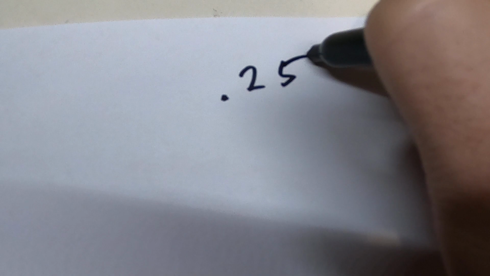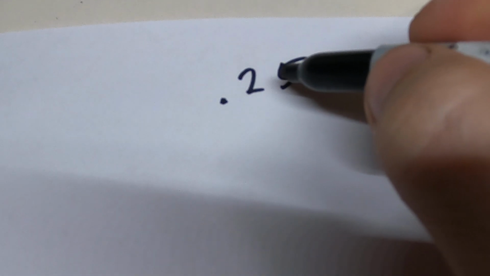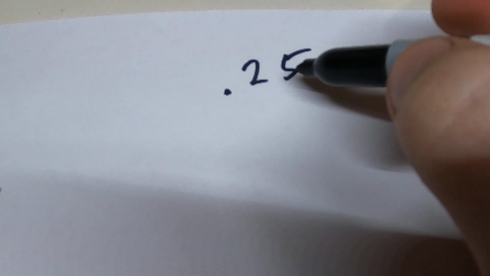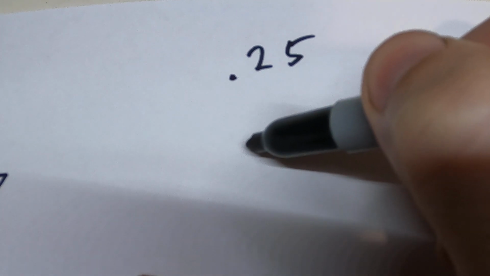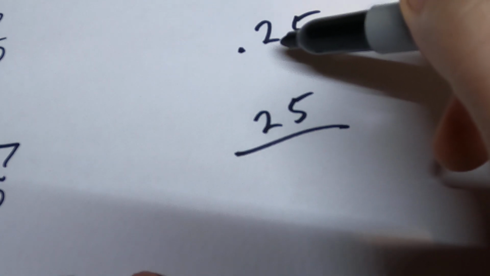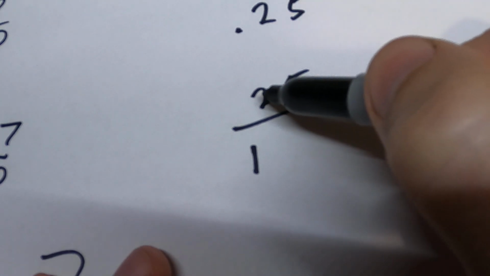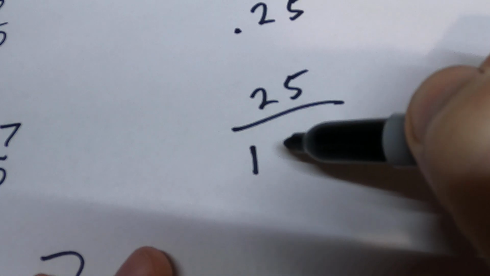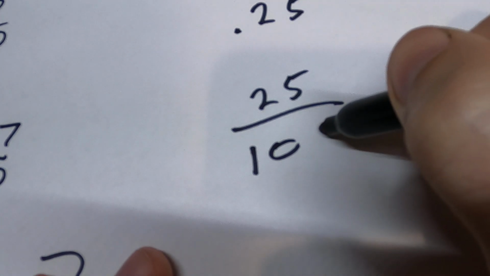So let's do another example. So let's say we had, what was our other one? 0.25. There's our 0.25. And so to convert this into a fraction, I'm going to take the 25, put it on the top, and eliminate the decimal point. And then I'm going to put a 1 down here. And I'm going to add the same amount of zeros as I have digits in my top number. So 0, 0.